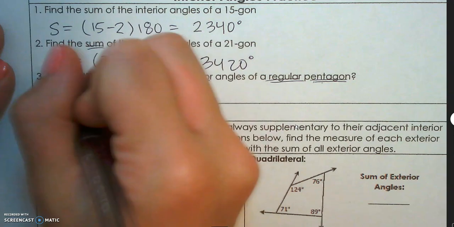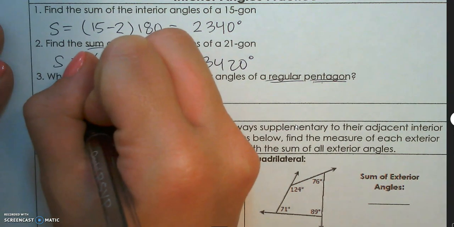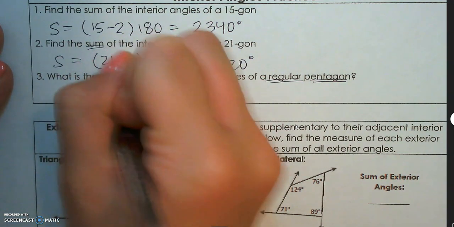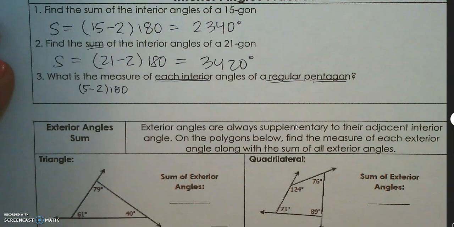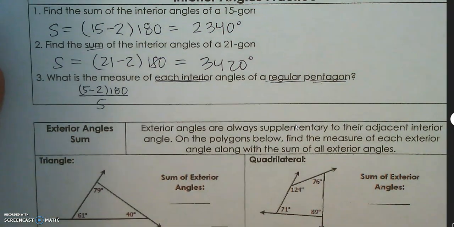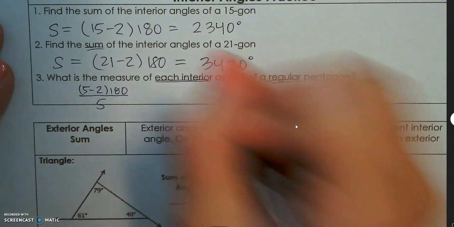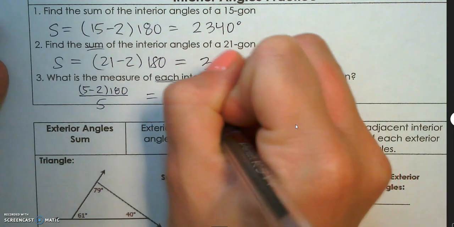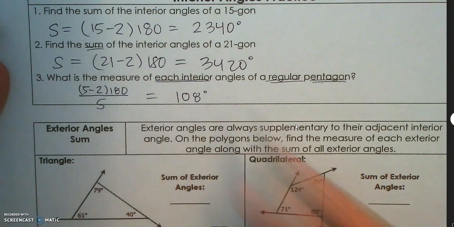So we can take 5 sides minus 2 times 180, and we're going to divide that into 5 equal angles. So 5 minus 2, that's 3, times 180 is 540, and 540 divided by 5 leaves us with 108 degrees for each interior angle.